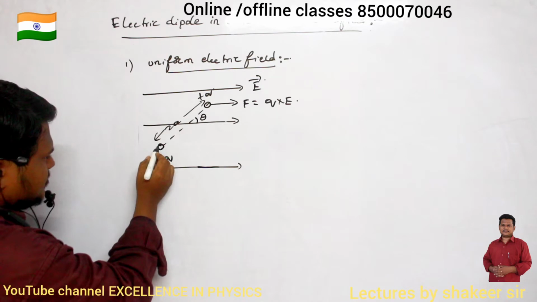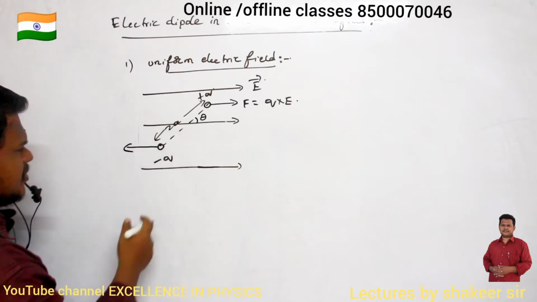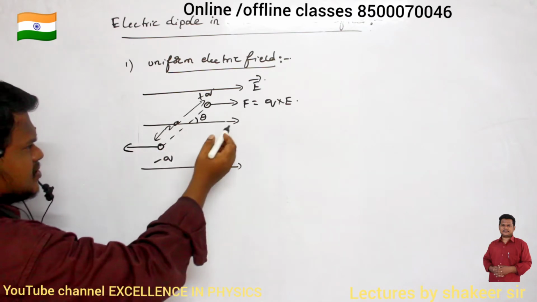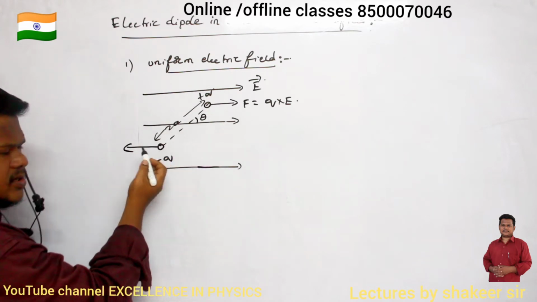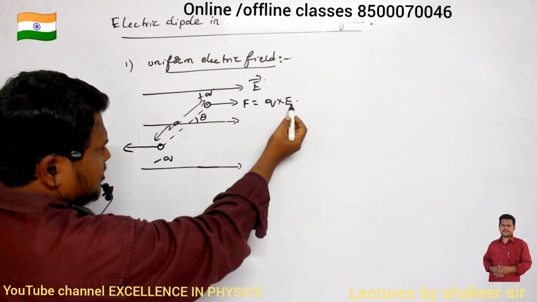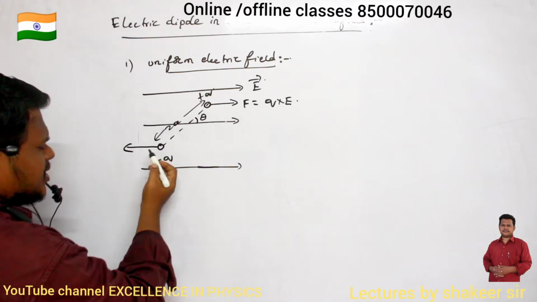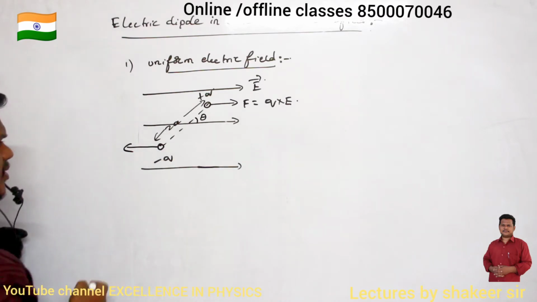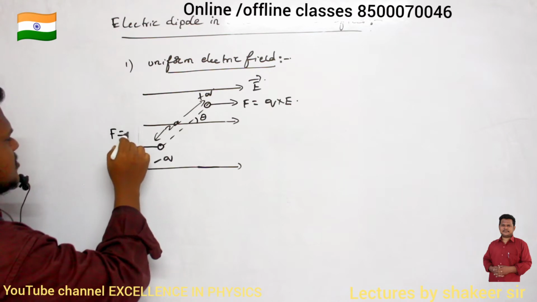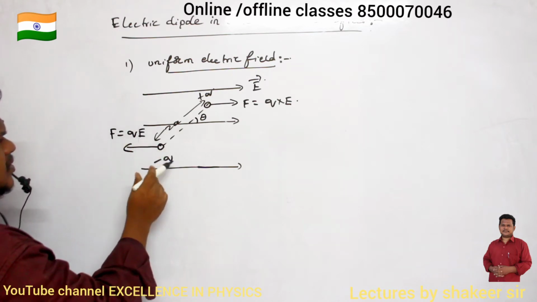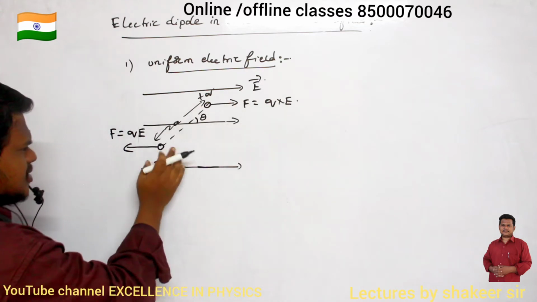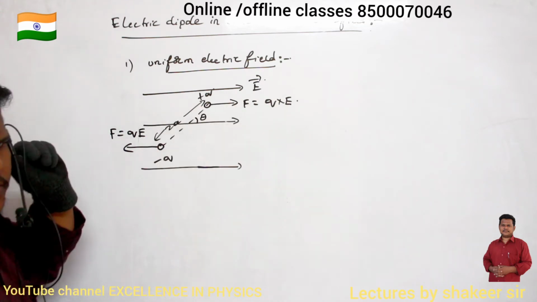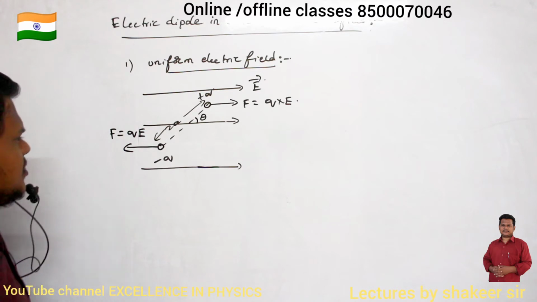The magnitude will be the same, because here the charge is Q only, and the magnitude of the electric field is E only. So here also the force will be Q into E. So the positive charge will experience force in this direction, and the negative charge will experience force in the opposite direction. Are you able to understand?